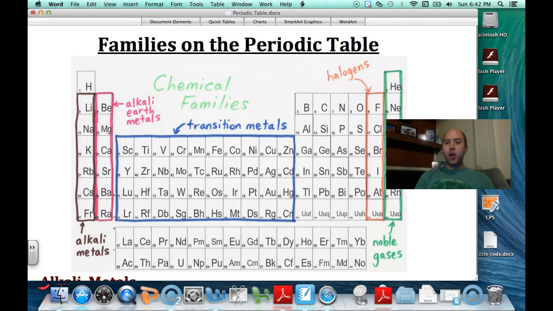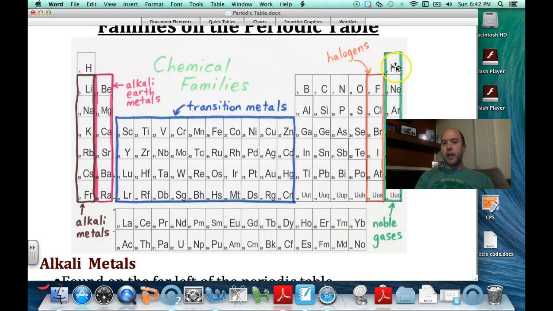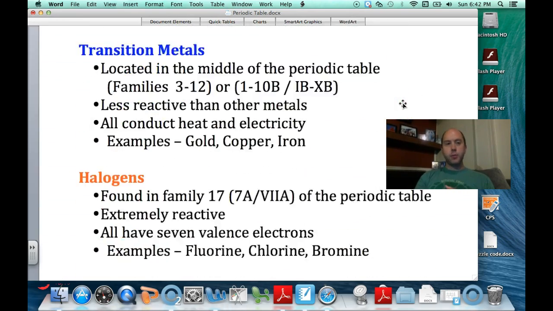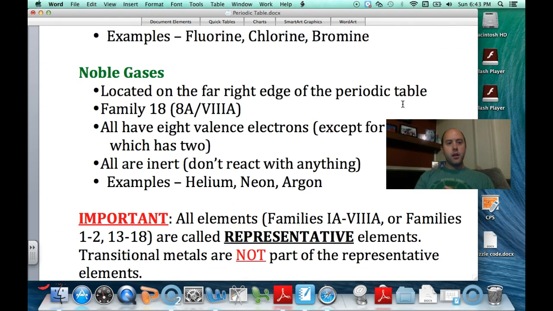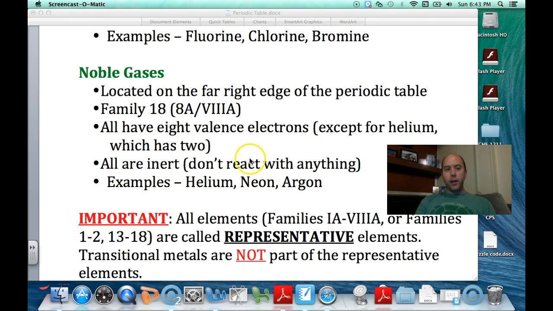Does that mean that noble gases are beyond reactive? No, actually, they're not. The noble gases, which is family 18 or 8A, helium, neon, argon, krypton, have 8 valence electrons, with the exception of helium, because we'll talk about why later.